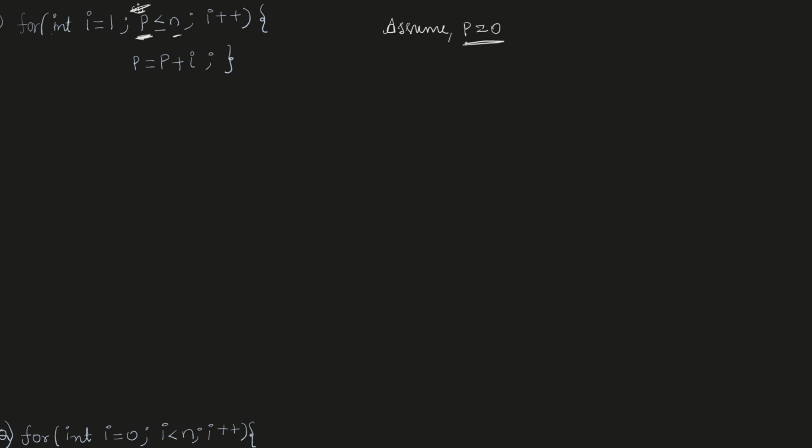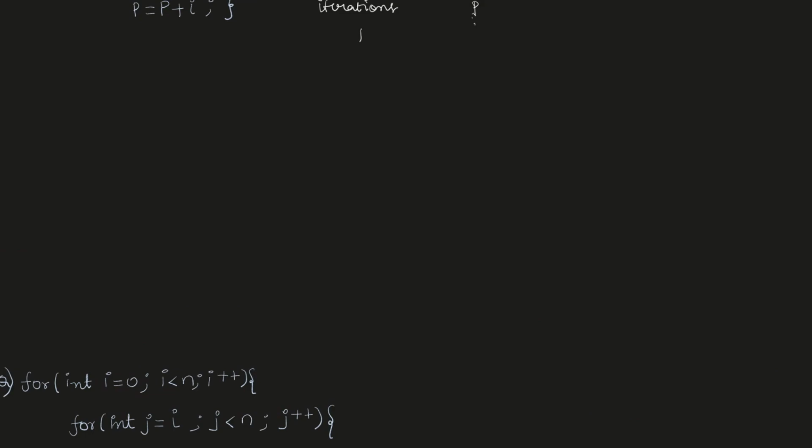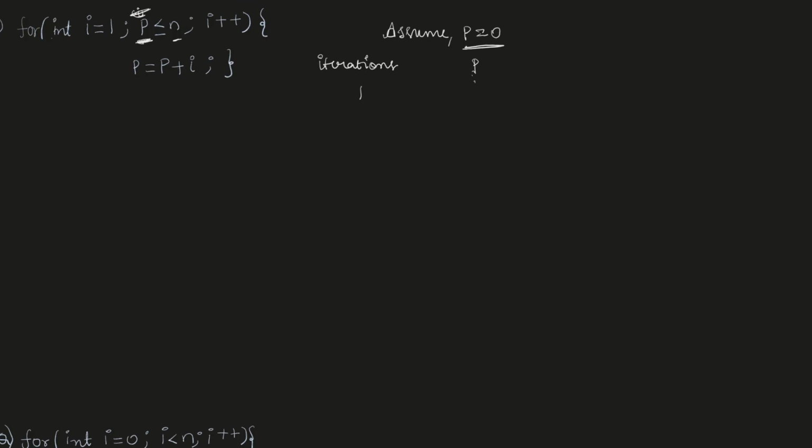After assuming the value of p as 0, now start doing the iterations. And next, what the value of p changes to. So in the first iteration, the value of p would be 0 and the first I value is 1. So it would become p is equal to 0 plus 1, that is 1.